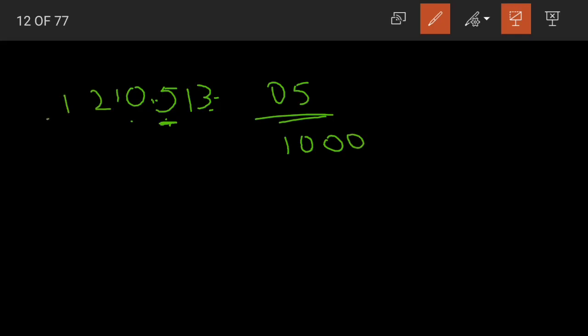Okay children, we do not care about the number of places to the left of the decimal point. We only care about the number of decimal places. Here we have three decimal places, so 3 zeros. If it has 2, it has 2 zeros.